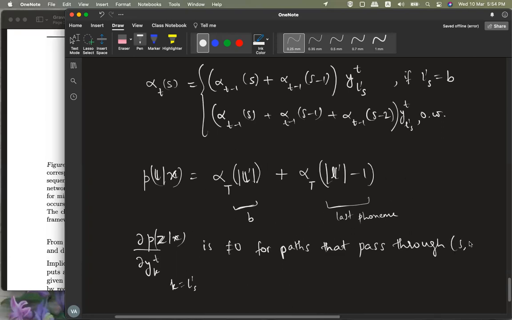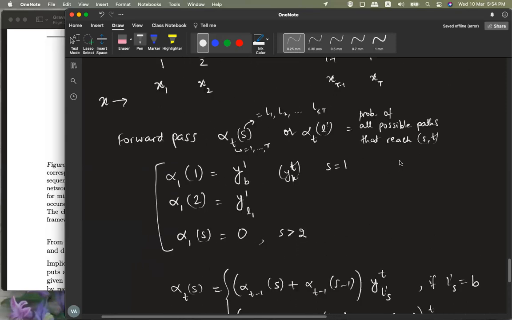It is non-zero only for those paths which pass through s comma t, right? Now, can I know which all paths pass through s comma t? It's a difficult problem, so we use some other trick.